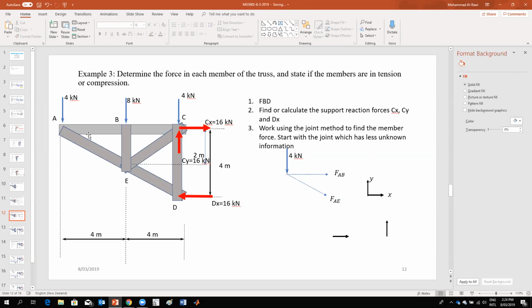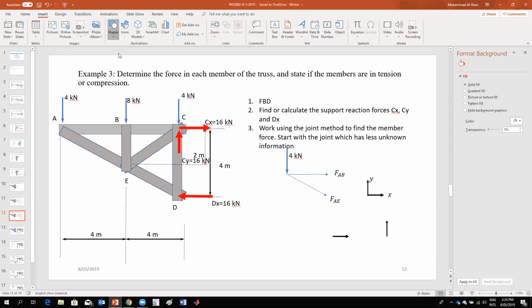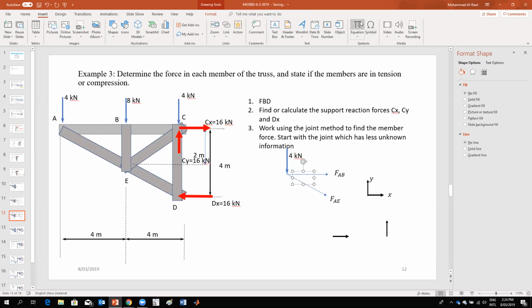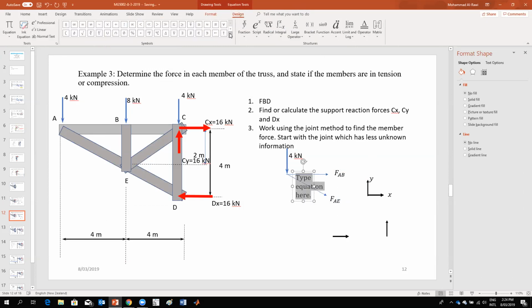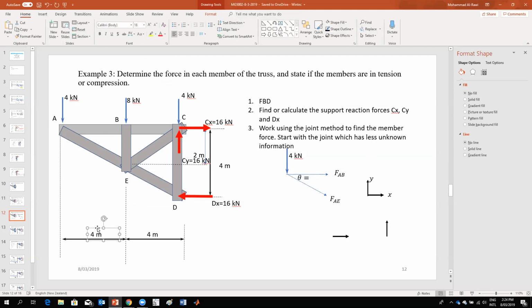Now, one thing I want you to do is find me this theta. You should be, guys, very good at finding angles. So can you find me the value for theta at this point in degrees? What's the value for theta? Remember what you have here. This distance is 4 meters, and this distance is 2 meters.